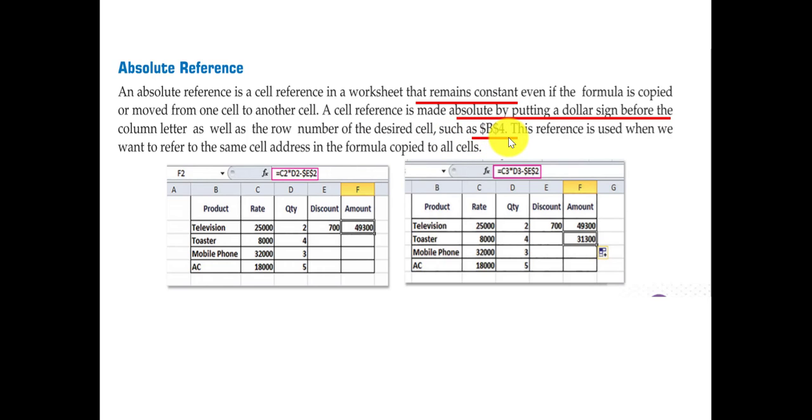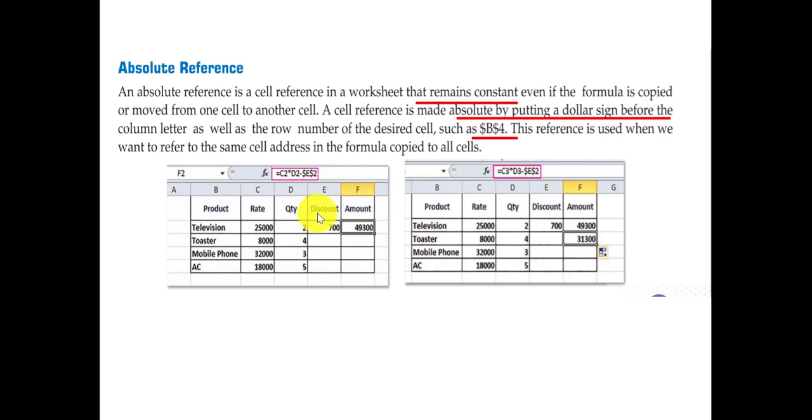If we want to make the B4 value a constant, fixed value, then we put a dollar before the column and a dollar before the row number also. This reference is used when we want to refer to the same cell address in the formula copied to all cells.